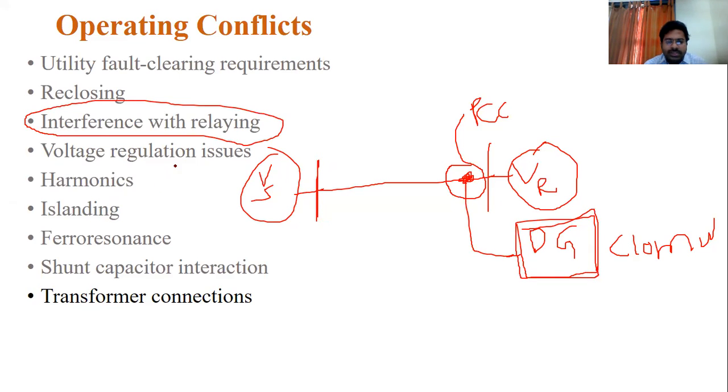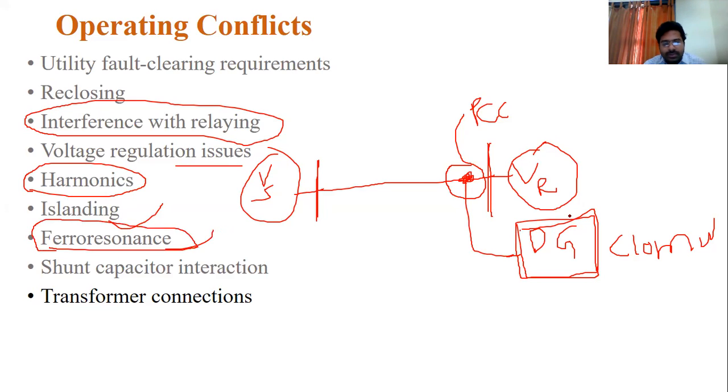Then voltage regulation issues: how do these DGs produce voltage changes, especially on the load side? Then what are the different types of harmonics that the DG injects into the system while operating? Then what is the islanding problem? Then what are the transformer connection failure problems, nothing but resonance problems, and how do they get into the system? Then what is the shunt capacitor interaction with the system while the DG is already operating on the distribution side, especially on the load side.